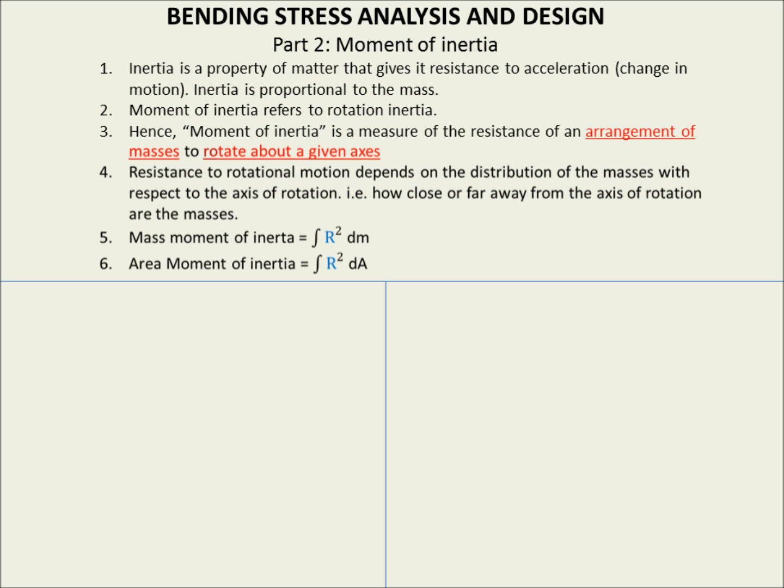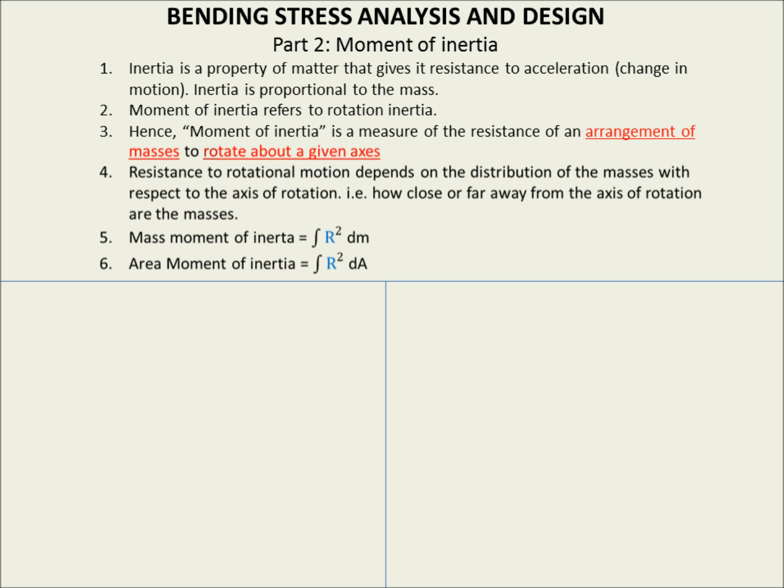And the question that immediately arises is, how is this all related? How is bending related to area moment of inertia? Well, we can begin to show this by first stating and then demonstrating that bending has to do with the rotating of the cross-sectional area of a beam about its neutral axis.